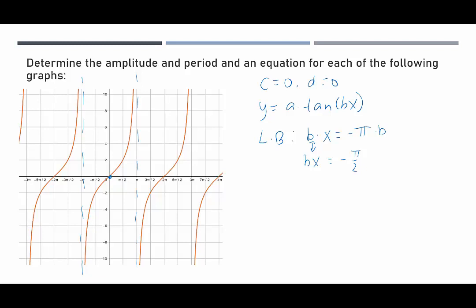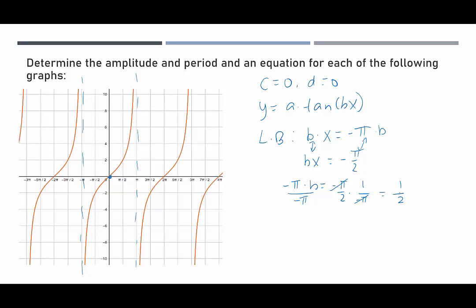So I can use the transitive property to say, well, if those match, then these must also be equal. So that means that negative pi times b must equal negative pi over 2. Now I can figure out the value of b by dividing both sides by negative pi or multiplying by the reciprocal of negative pi. I'm going to actually do that over here. So now what we see is that negative pi and negative pi cancel, and we end up with b is equal to 1/2. Yay!